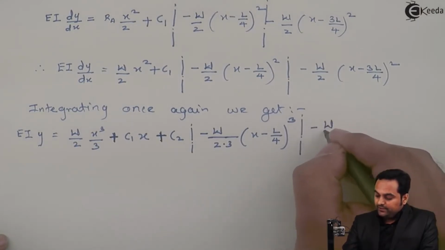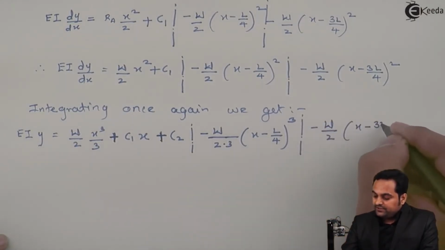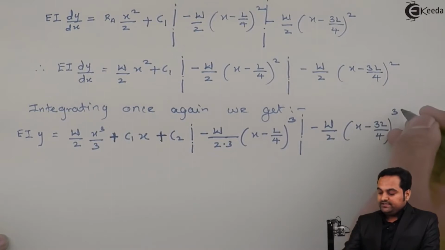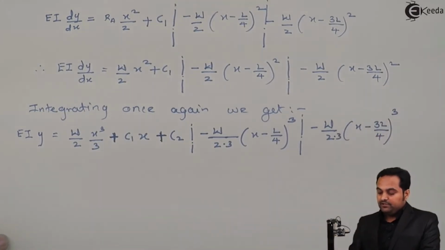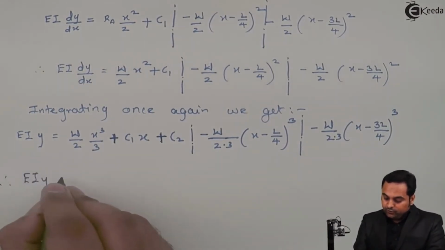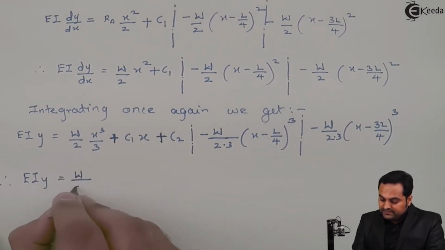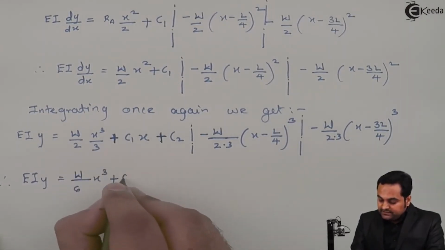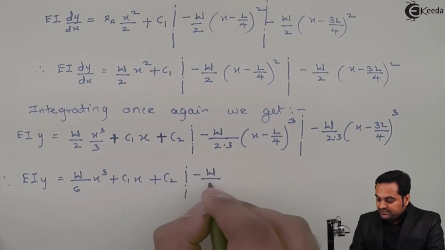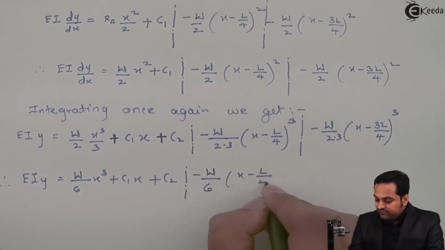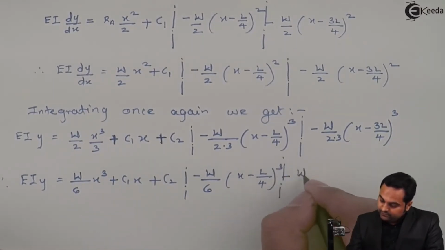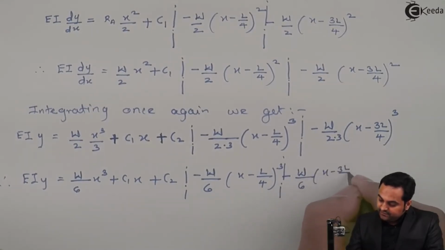Next, minus W by 2 into x minus 3L by 4. This will be cube, again integration of x square, that is x cube divided by 3. So 3 will be multiplied in the denominator. So therefore we have EI into y is equal to W by 6 x cube plus C1x plus C2, minus W by 6 x minus L by 4 cube, minus W by 6 x minus 3L by 4 cube.